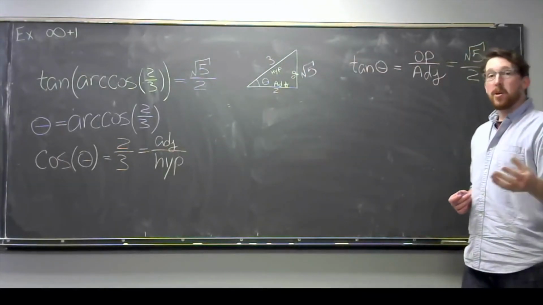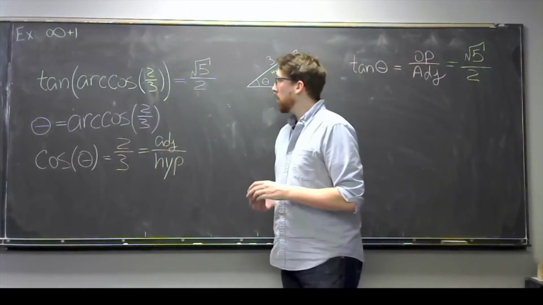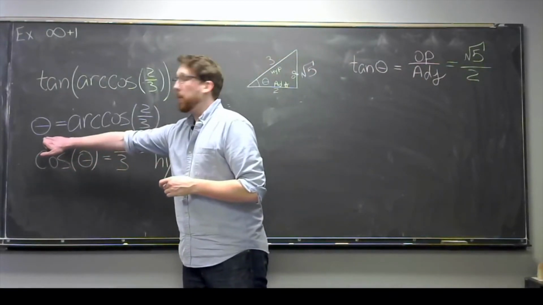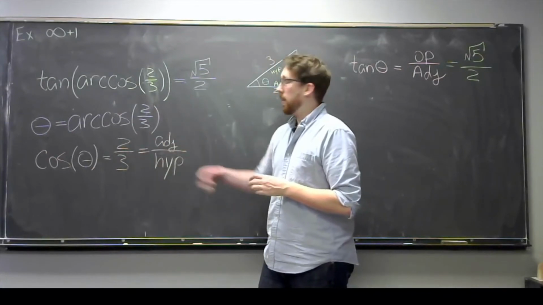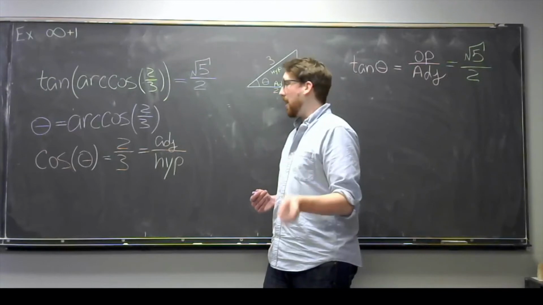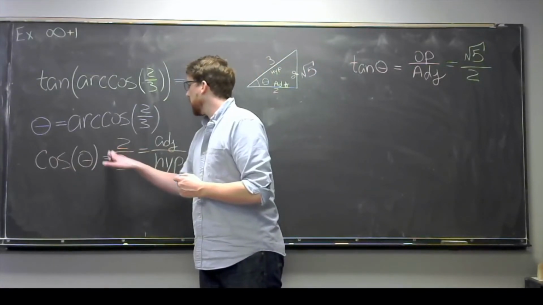And the way we found it was by working through what we knew. We knew that we wanted to find out what arc cosine of 2 over 3 was. And we knew that that implied the cosine of our angle was equal to 2 over 3.